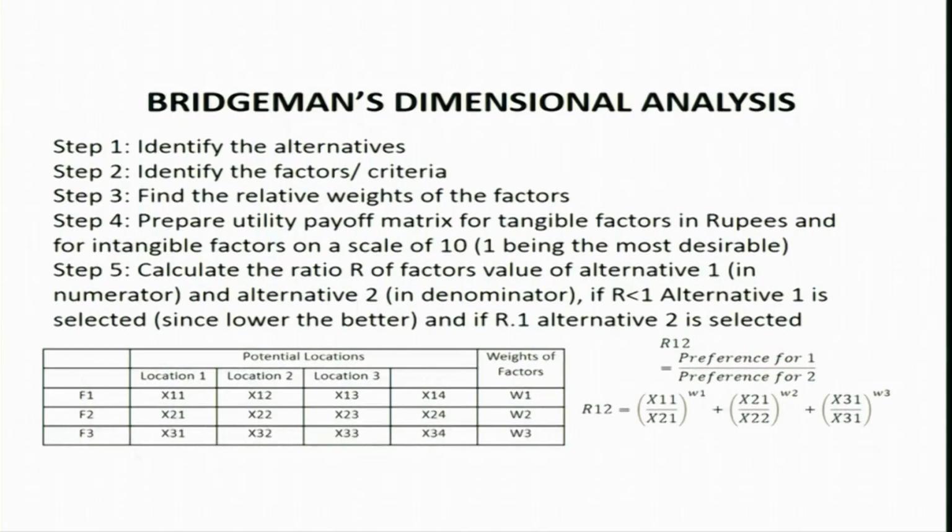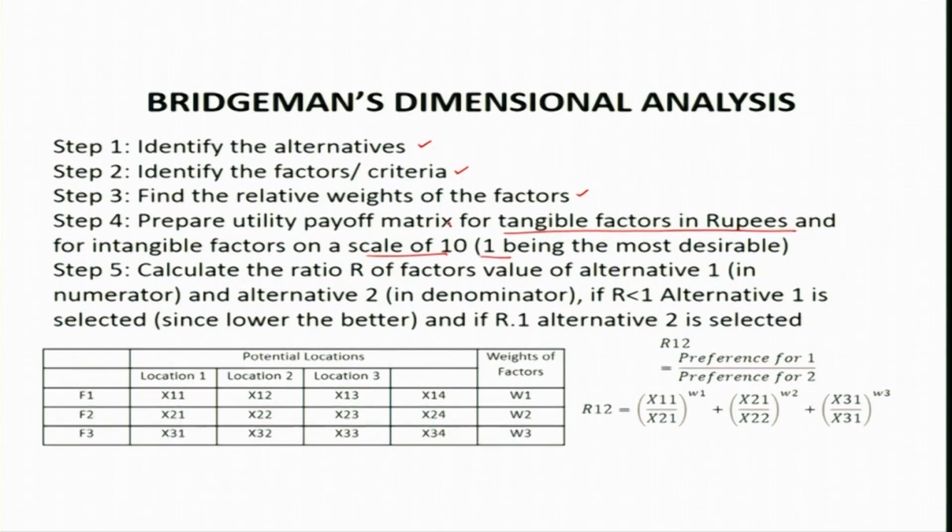So the procedure is simple: identify the alternatives, identify the factors or criteria, find the relative weights of the factors. We can use the pair comparison technique. Prepare a utility payoff matrix for tangible factors in rupees and intangible factors on a scale of 10, with 1 being the most desirable.